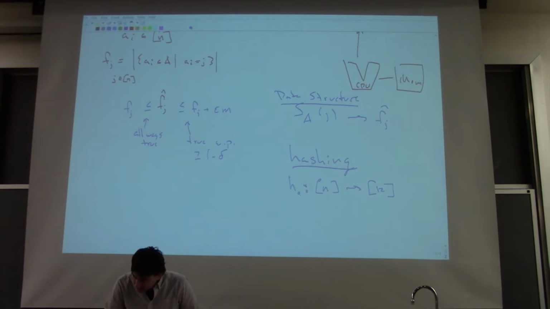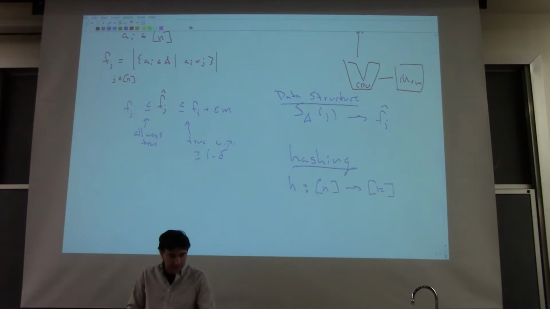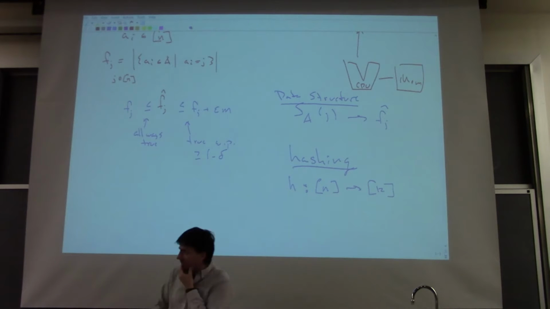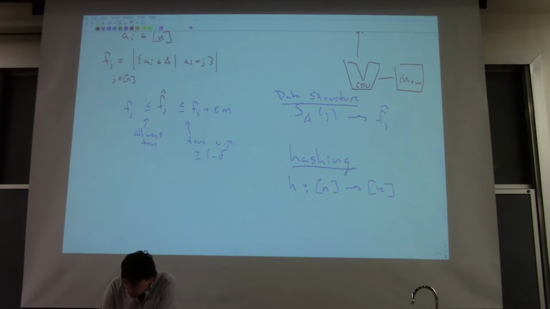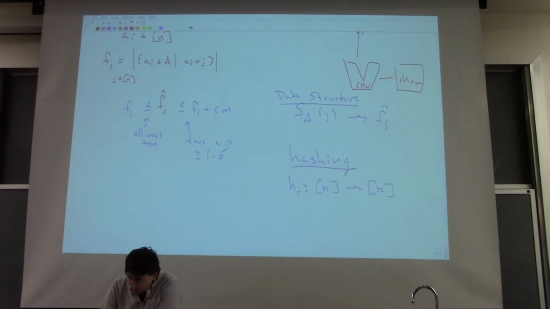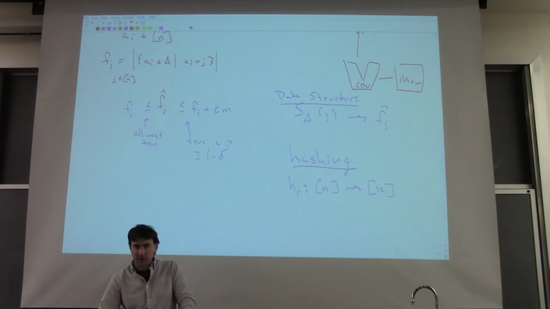I'll use a different symbol: I used h in my notes, but let's use an r here. So r is going to be random. So h_r is going to be drawn from a distribution of hash functions.